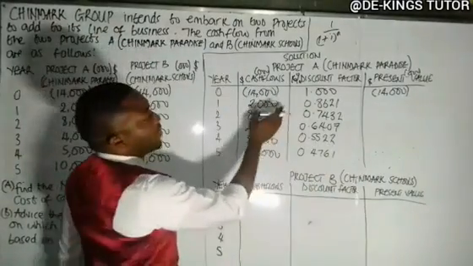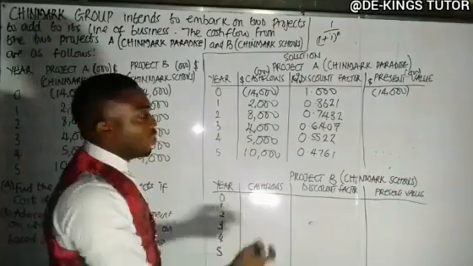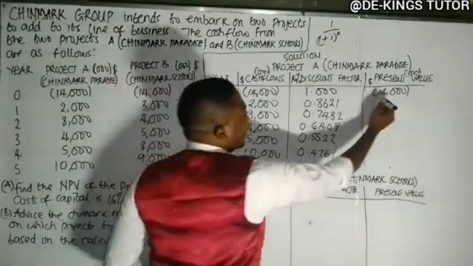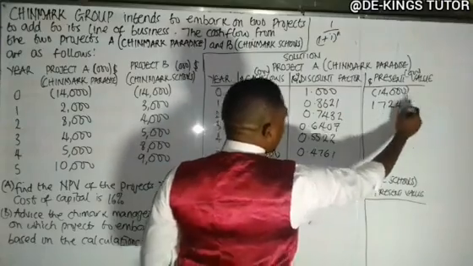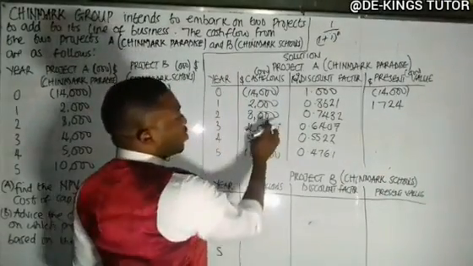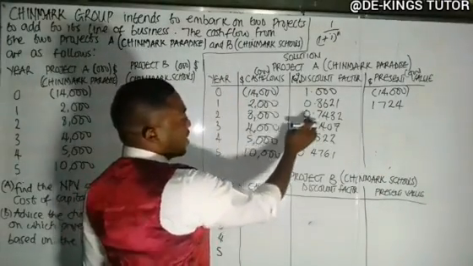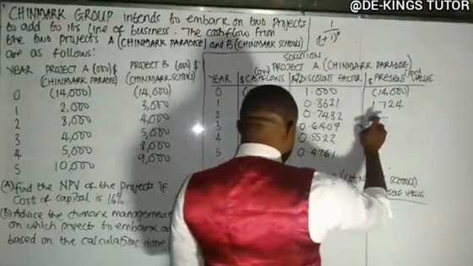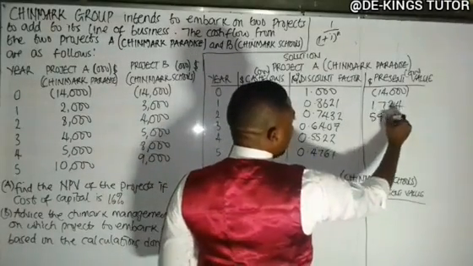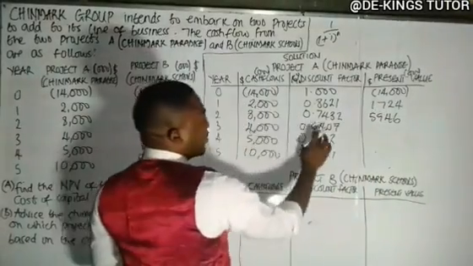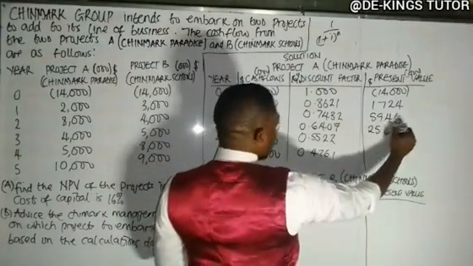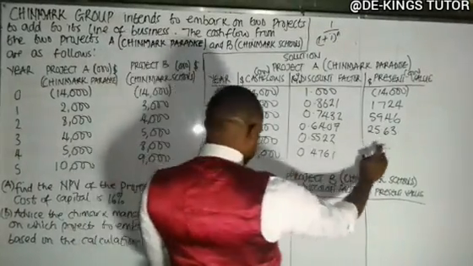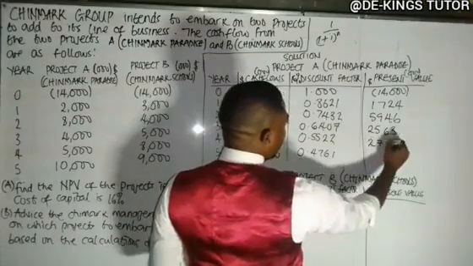Is to multiply the cash flow and the discount factor. So 2,000 multiplied by this will give us 1724, removing the decimal point. Now 8,000 multiplied by this will also give us 5946. Now 4,000 multiplied by this will give us 2563. This multiplied by this will give us 2762.